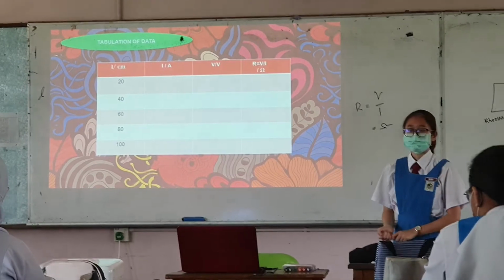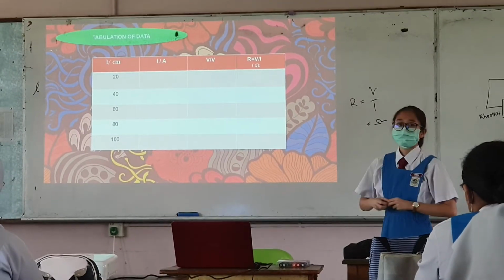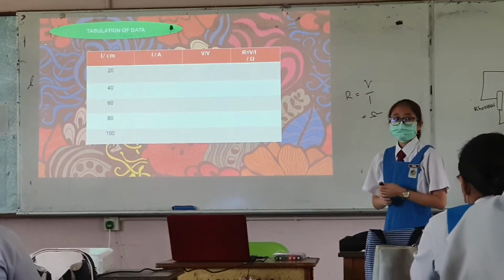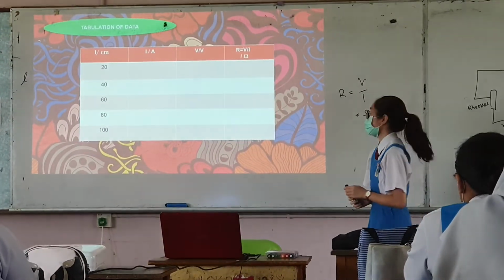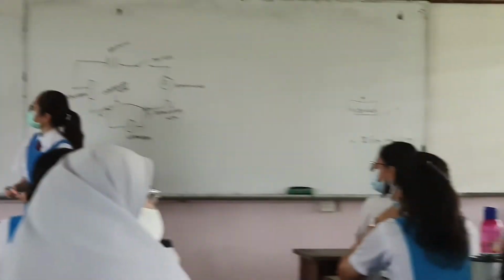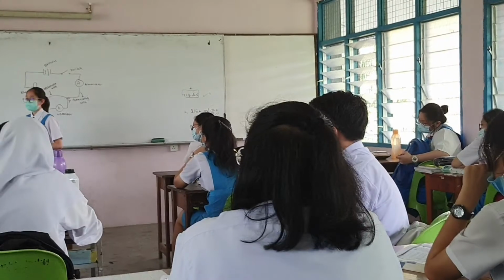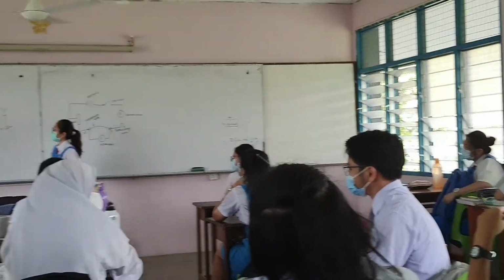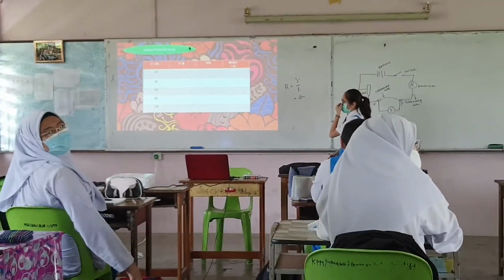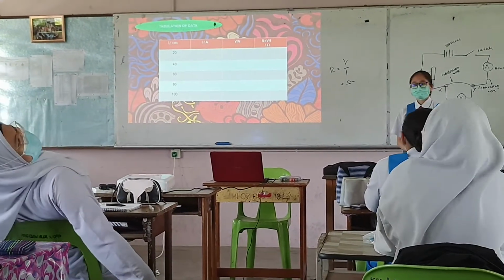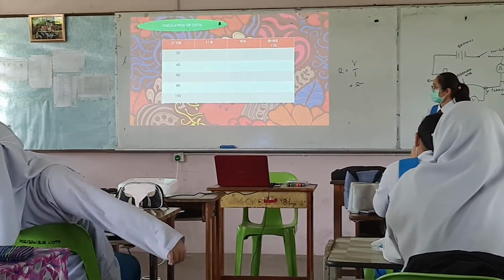Title for each column? Anything that you want to add in? Need to add anything, class? Jeremy? Need to add what? There are 3 things that I always emphasize on. What, class? Yes, Erna? The name of the quantity.